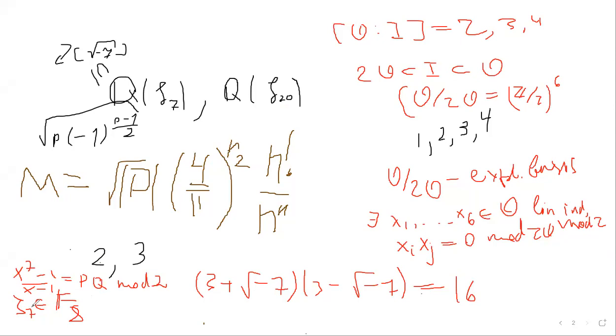Let's see. Hold on. How does it imply zeta 7 in F8?